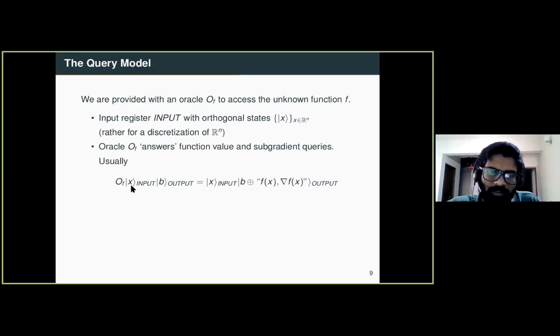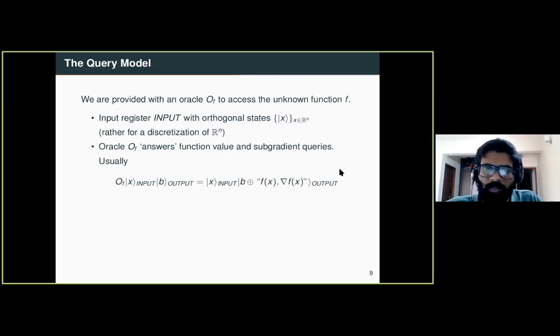For a basis state x and a basis state b in the output register, the oracle changes the output register to give you, in a reversible way, the values of f of x and a subgradient of f at x. Again, there's a discretization required in order for the output register to be finite dimensional. But we don't use any of these discretization issues in our proof. They're only needed because our maths is finite dimensional.